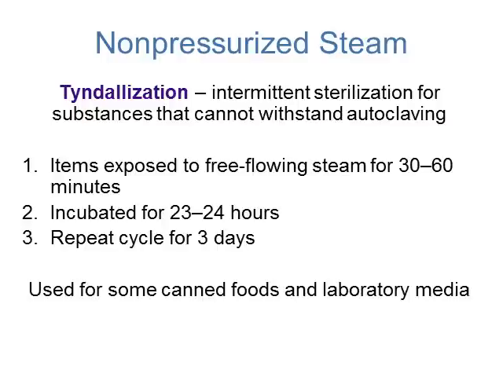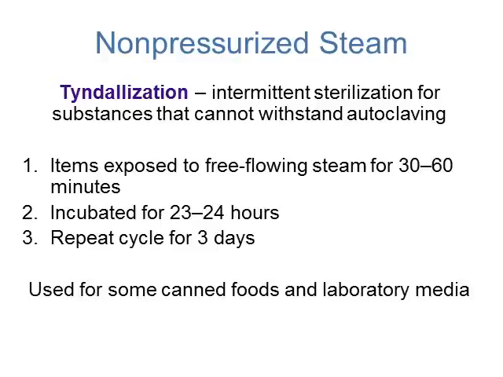You can also have non-pressurized steam, so tyndallization. This is when you use intermediate sterilization for substances that cannot withstand autoclaving. If you have certain objects that cannot go under the really high pressure, you can use this other type of moist sterilization.